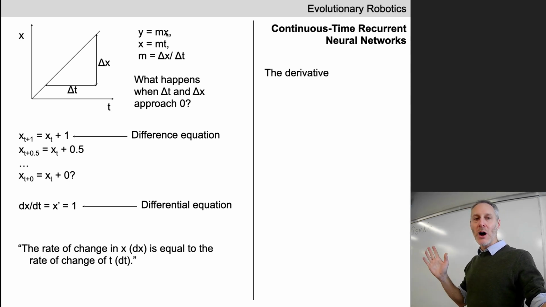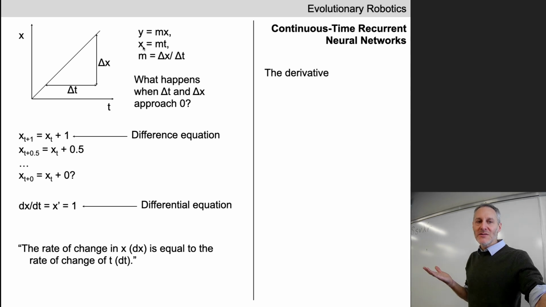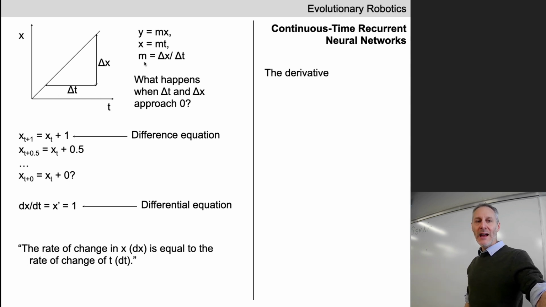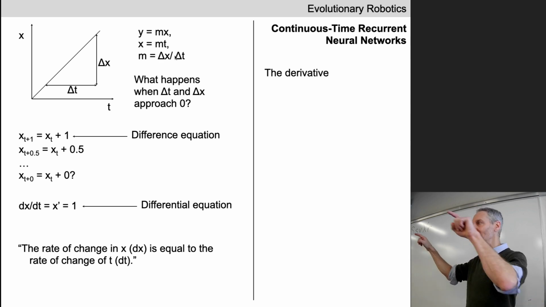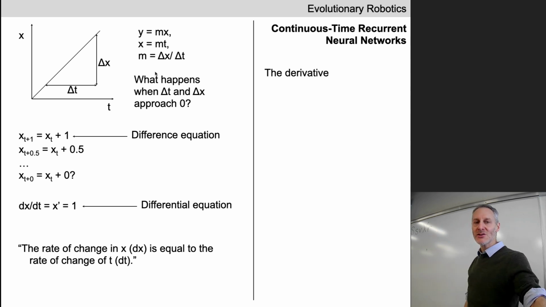We're going to throw x and y away and replace it with t for time on the horizontal axis and x on the vertical axis. Okay, which just gives us x equals mt. m is the slope, which tells us how does x change as t unfolds, as time unfolds. And you know how to calculate the slope. It's the difference between two values of t and two different values of x. No problem, we can calculate the slope.